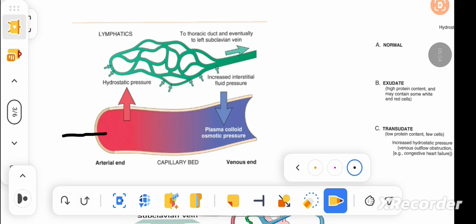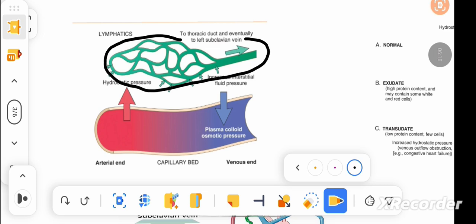Remember the arteries bring blood to the tissues, and then the veins drain the blood. This is the lymphatic system which drains the excess interstitial fluids.